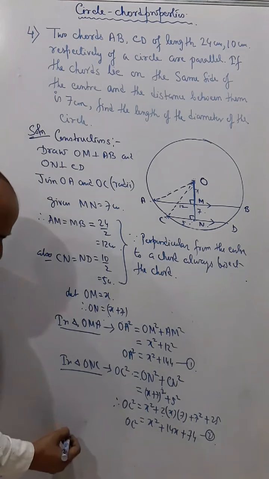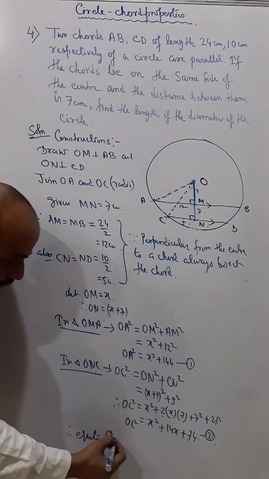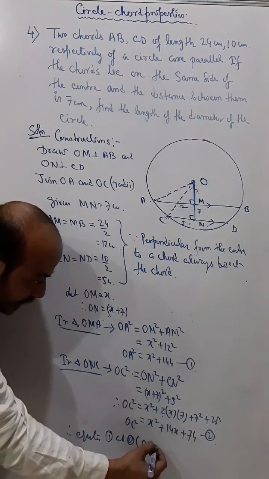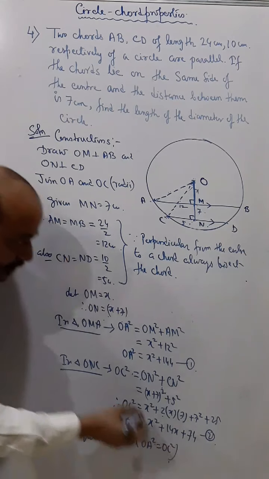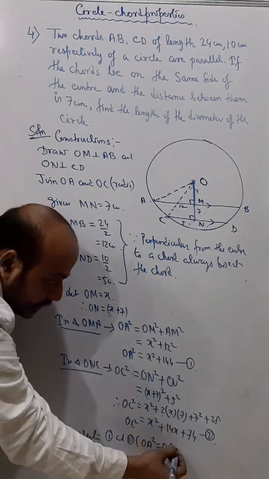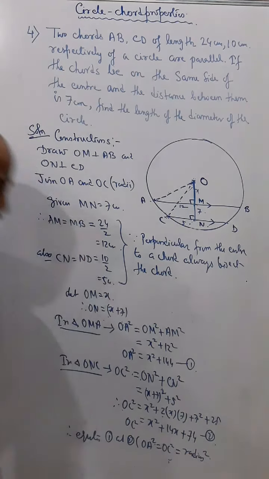And now we can say, therefore, equating 1 and 2. Why? Since OA square is equal to OC square, and is equal to radius square.